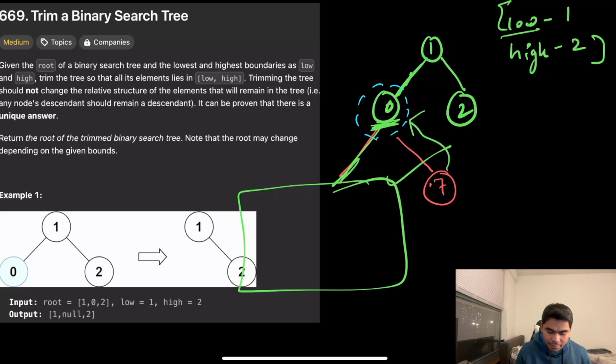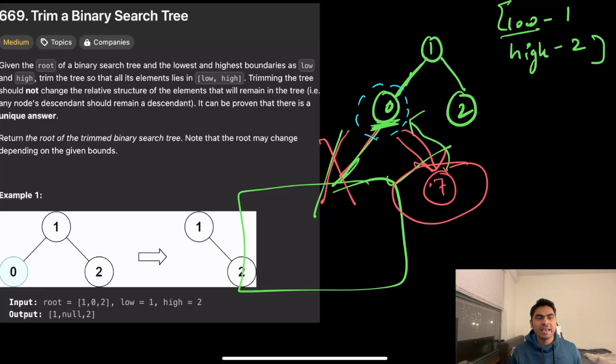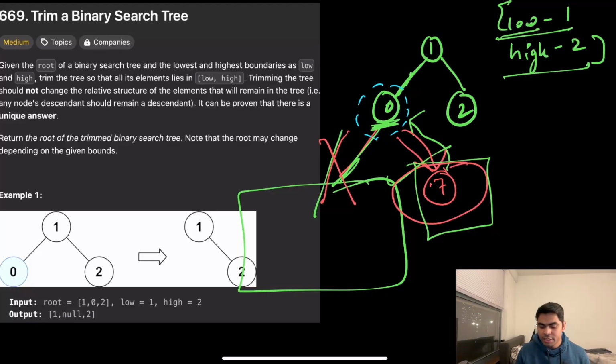So I am not including that side. I would also run the recursive function on the right subtree, because at the end of the day I want to return a properly trimmed binary tree, applying the low and high range properly on that subtree as well.